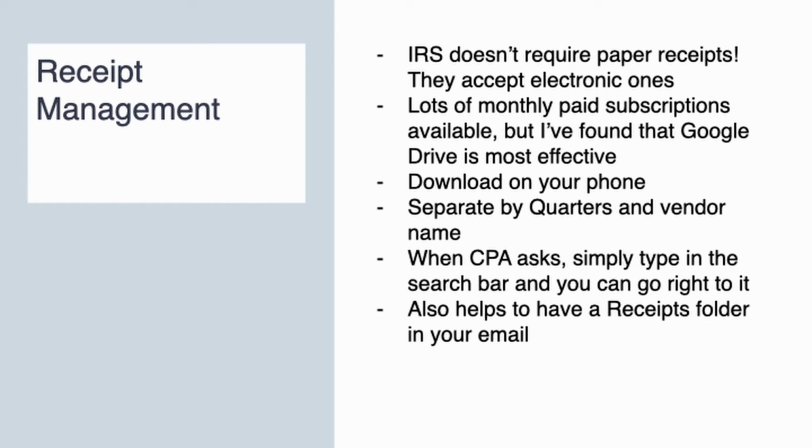If you're a business without a lot of transactions going on, you could simply have a 2021 folder. Or if you start to get quite a bit more receipts, you could separate those by quarters. And if you have even more receipts, you could separate those by vendors.